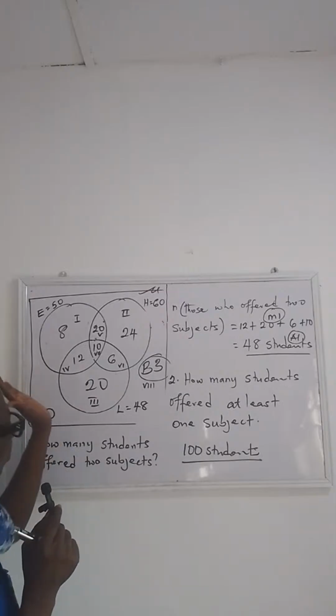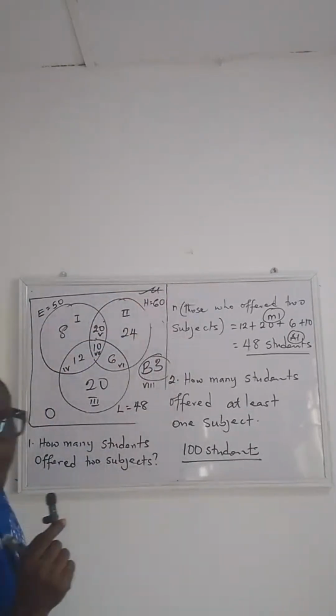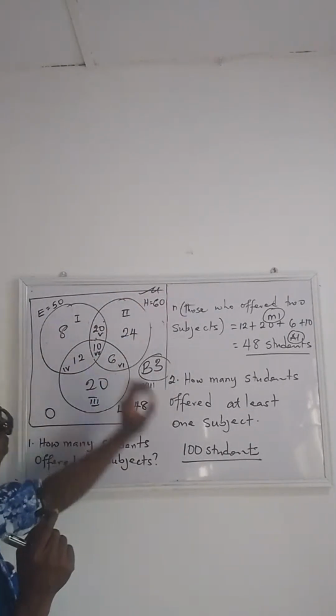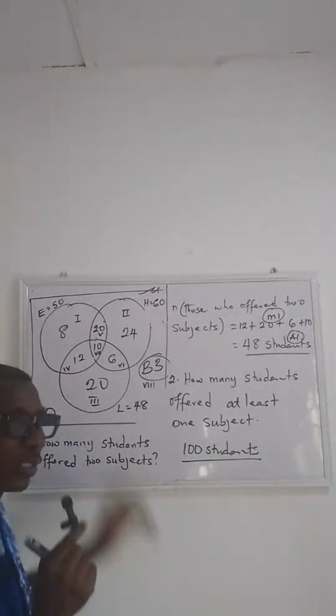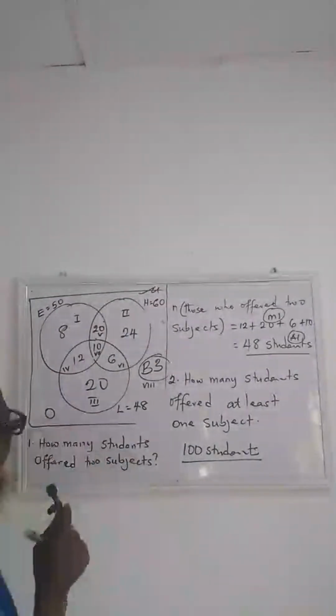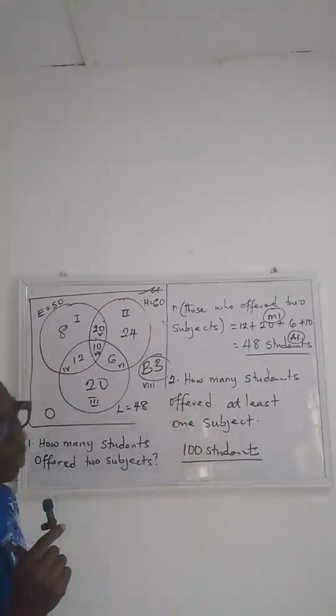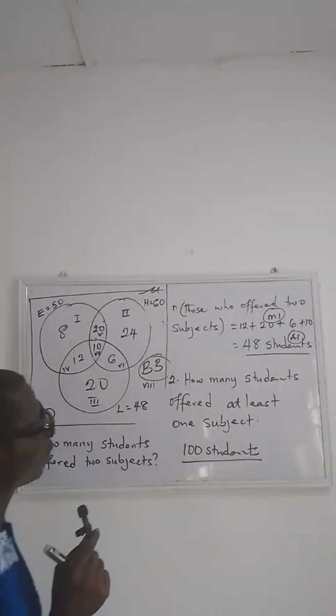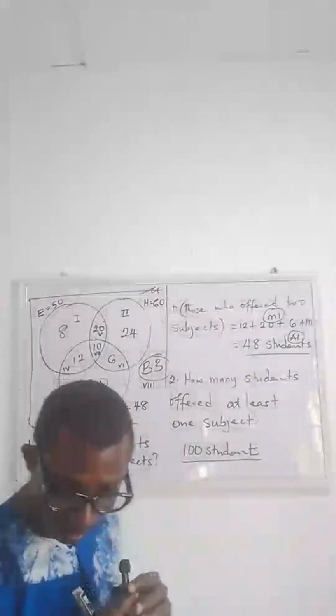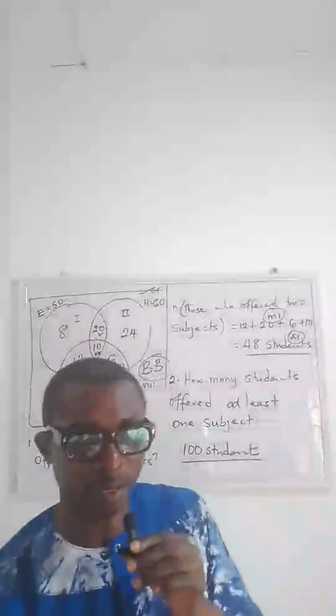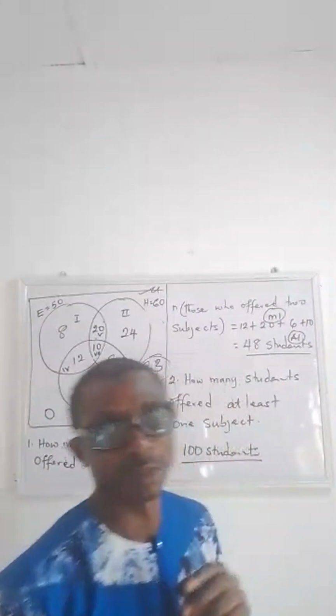That means all the students offered at least one subject. So all the students will be the solution to this question. 100 students offered at least one subject. I want to believe you got that explanation.